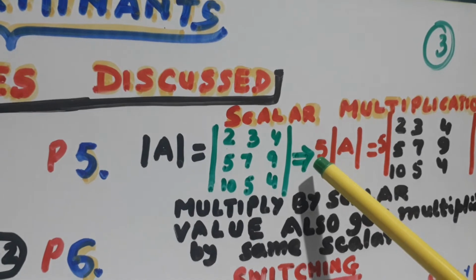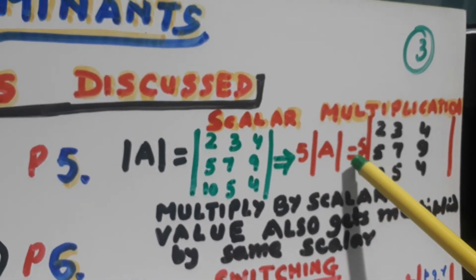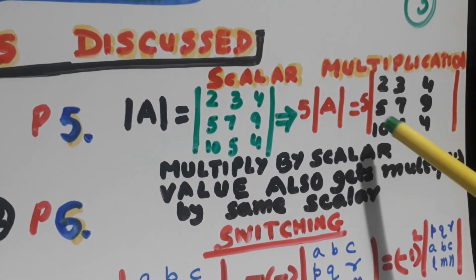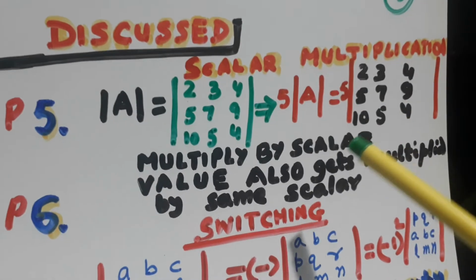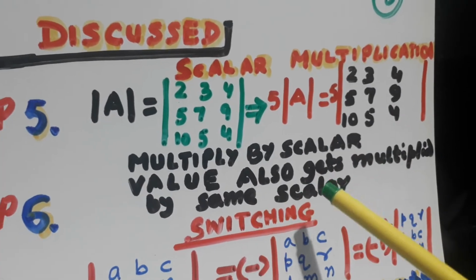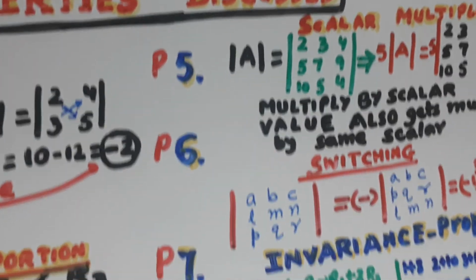I am multiplying it with 5. So it will be 5 times the determinant, and when this 5 is multiplied, it multiplies a single row or column. So multiplication by a scalar value also gets multiplied by the same scalar.